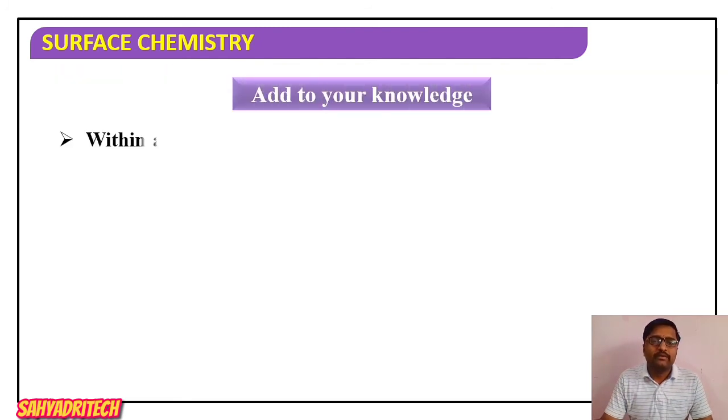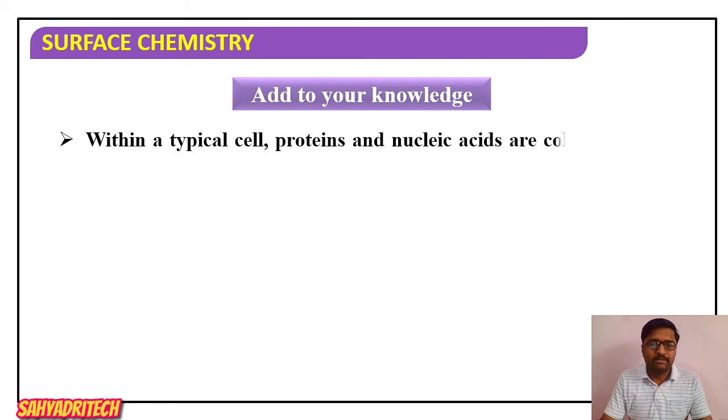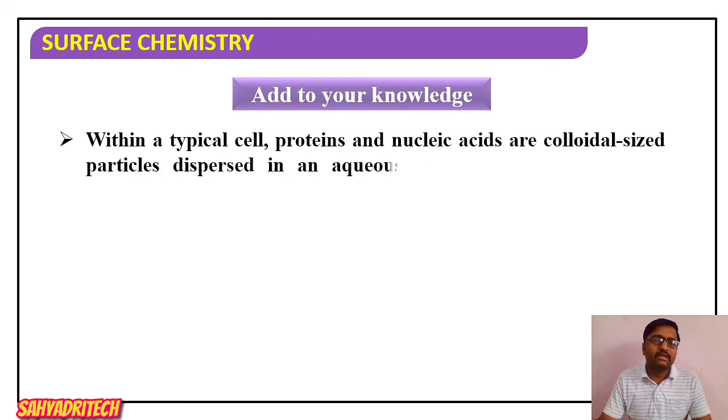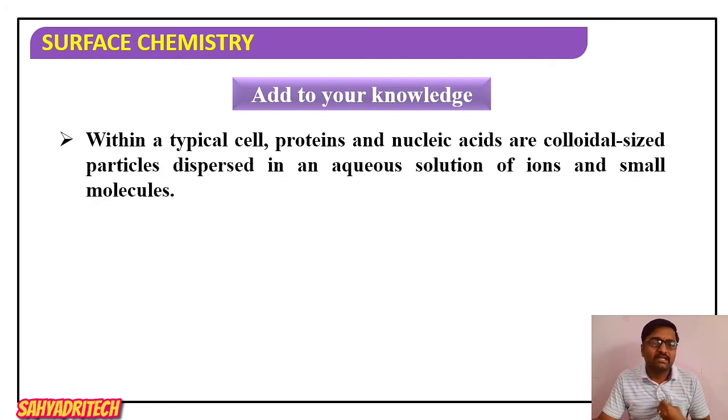Now, some other important things: within a typical cell there will be proteins and nucleic acids. These proteins and nucleic acids are colloidal-sized particles dispersed in an aqueous solution of ions and small molecules.